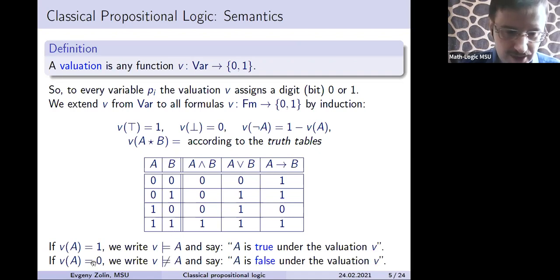And otherwise, we call that it is false, and write this symbol. So on the particular valuation v, some formulas are true, some formulas are false. And moreover, we have negation that maps true formulas to false and vice versa. So all formulas are divided into exactly two subgroups with true and false for every fixed valuation v.